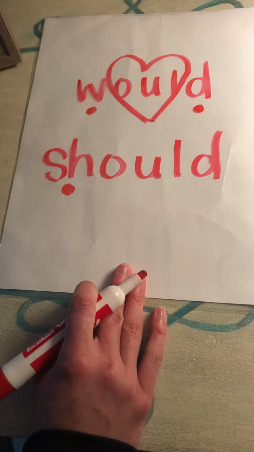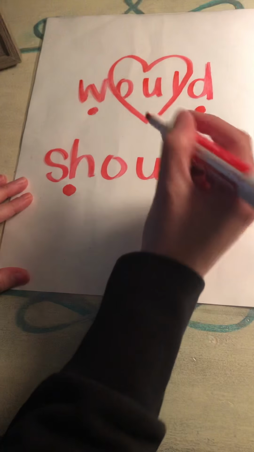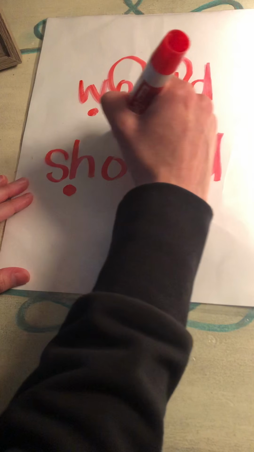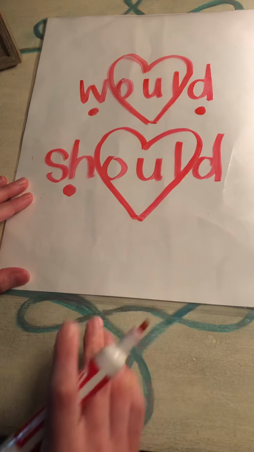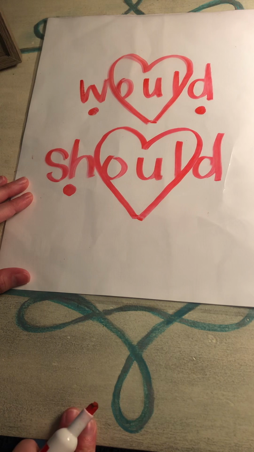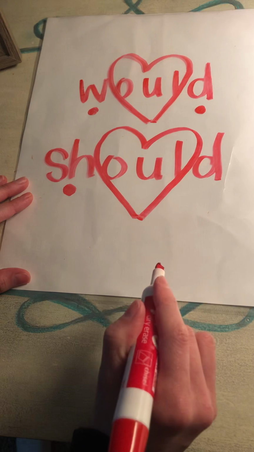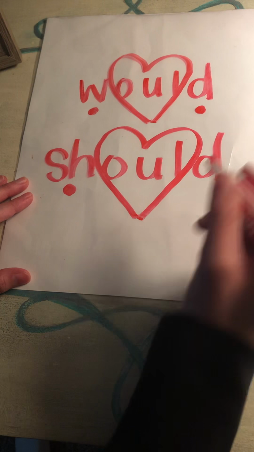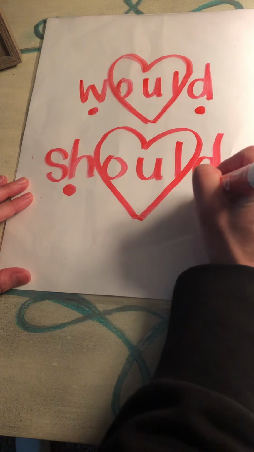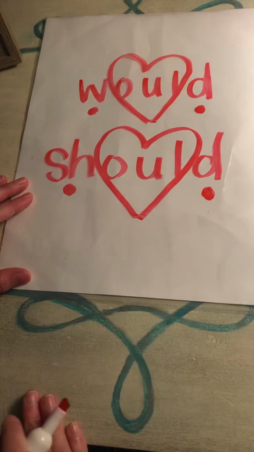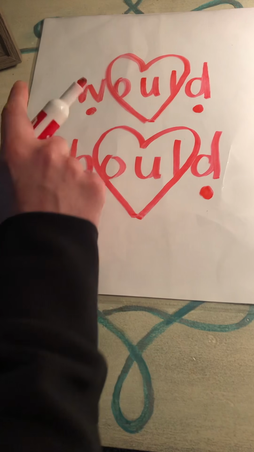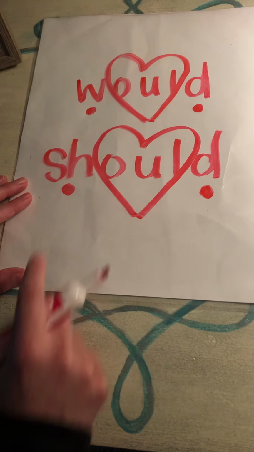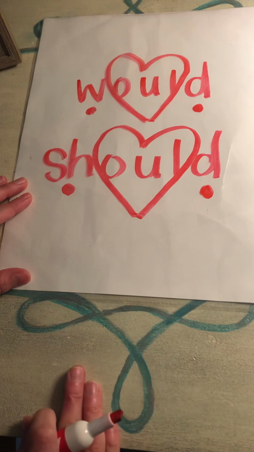And O-U-L is not O-O, and it's not U. So again, I'm going to draw a heart around the O-U-L, just like I did in the word would. And then I hear a D at the end. And I know that D says D. So I'm putting a dot. All right, so my 2 heart words for today were would and should.